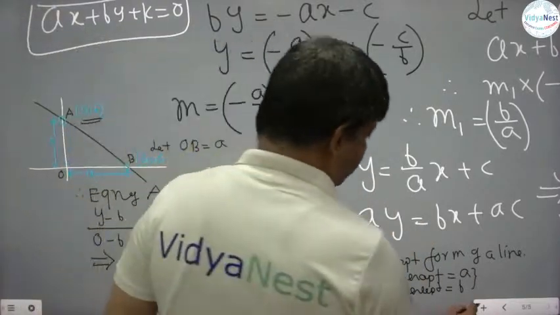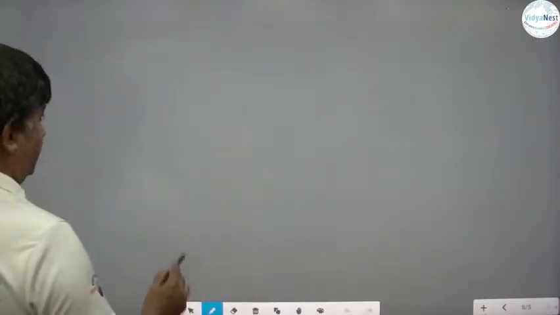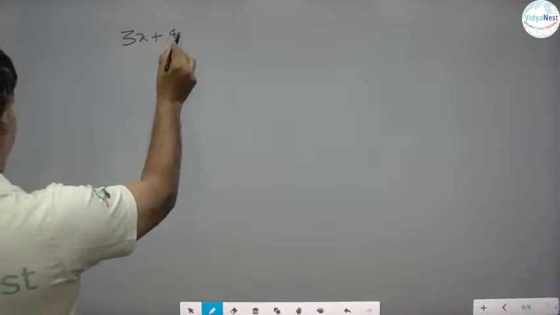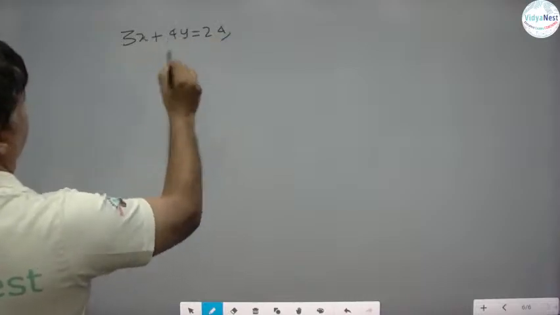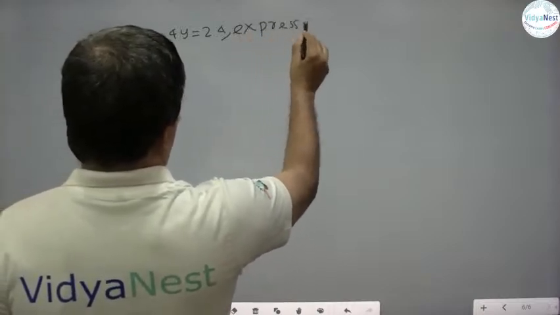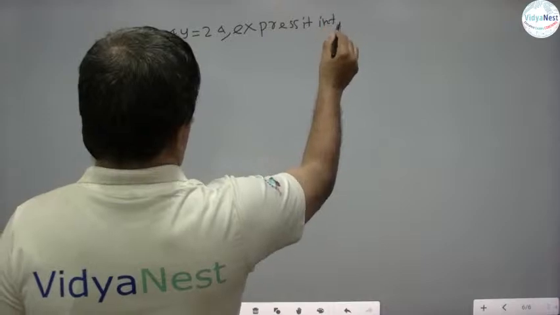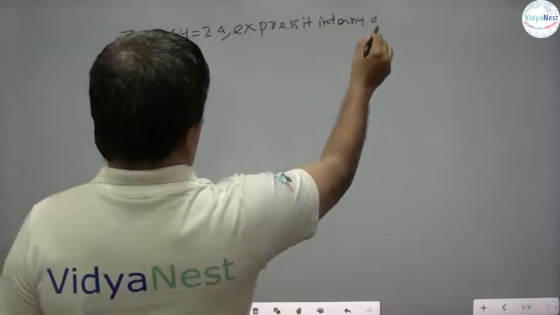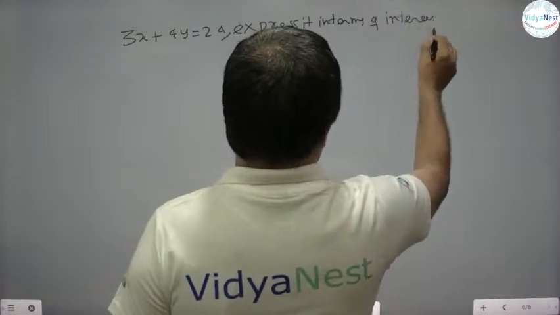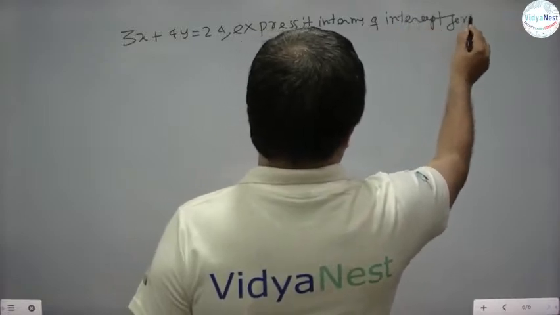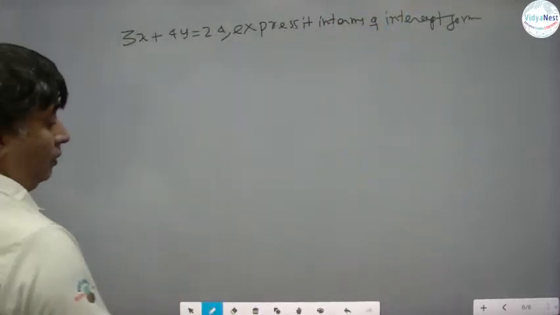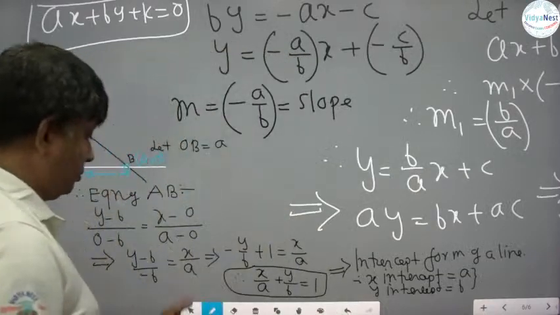Based on this, suppose you have got 3x plus 4y is equal to 24. Express it in terms of intercept form. See, we have gone through this formula.